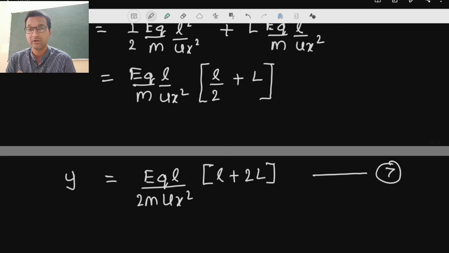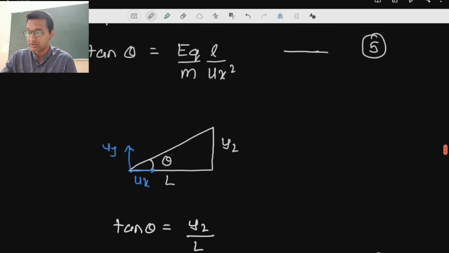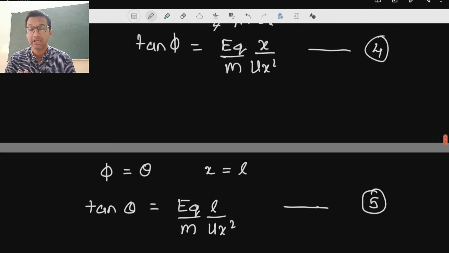We have to be careful about using y1 and y2 because y1 is the displacement in the field whereas y2 is the displacement outside the field. So this is about the motion of the charged particle in a perpendicular electric field. That means initial velocity is perpendicular to the direction of electric field.